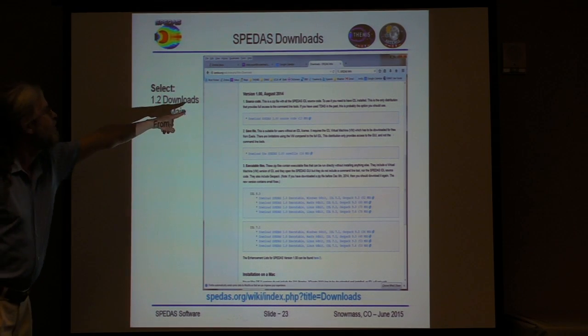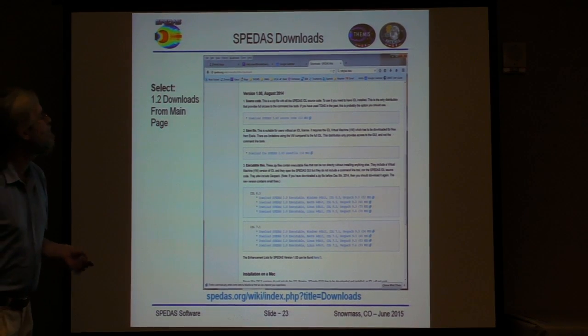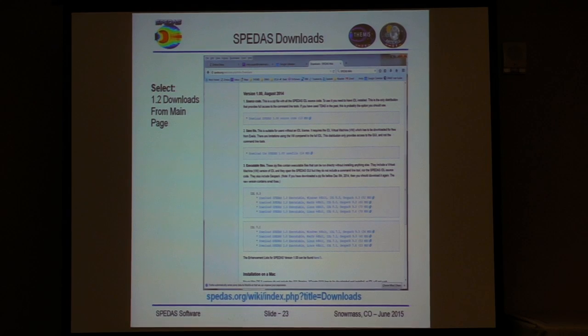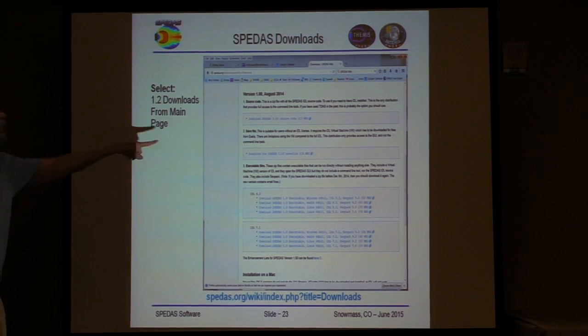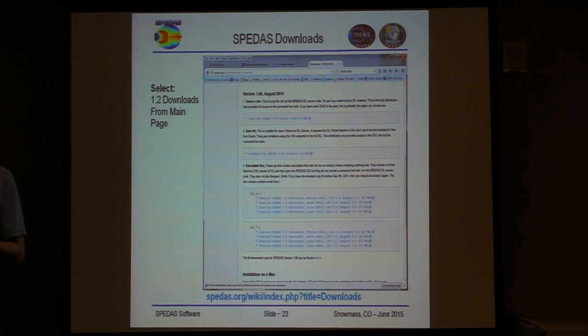So as I mentioned, source code is what we've always done in the past. That's just the tarball of dot profiles. Then there's the save file release. So maybe you're on some platform that we don't support, like FreeBSD or Solaris or what have you, and you already have the IDL virtual machine player. Then you can take these save files and run them in the virtual machine and have at least access to the GUI.